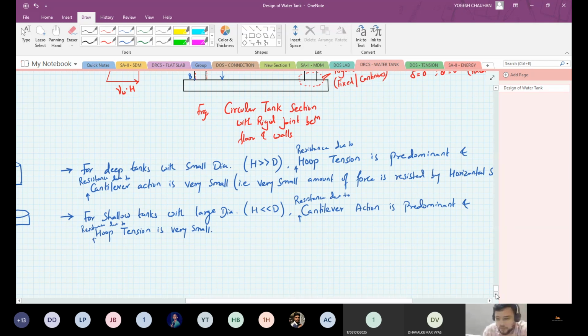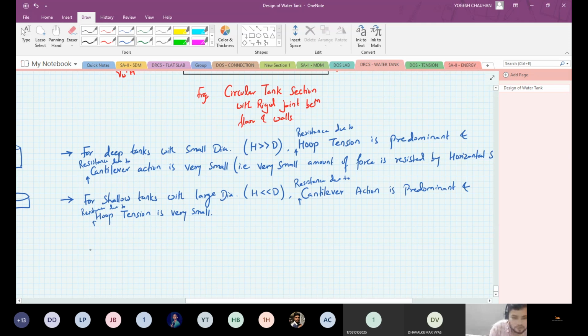And for medium tanks, both the actions will be acting simultaneously. So for medium tanks, we have hoop tension plus cantilever action.